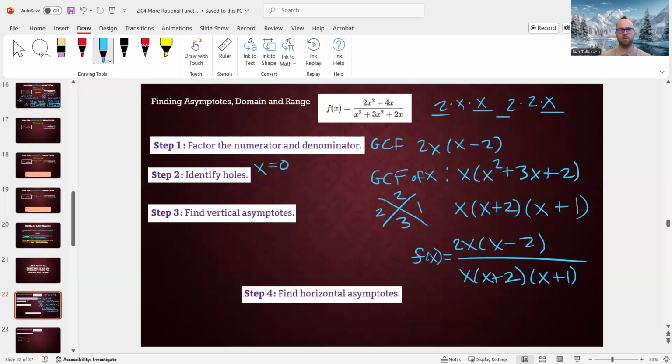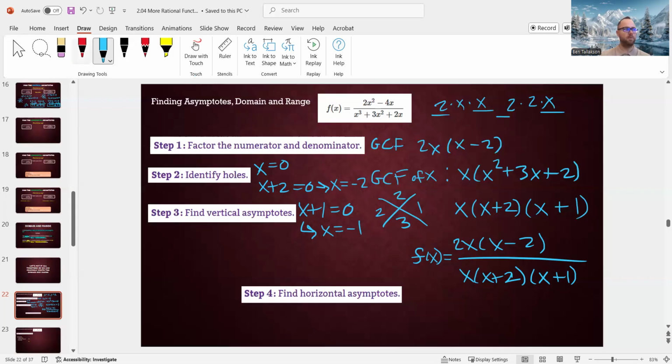X equals 0, x plus 2 equals 0, and x plus 1 equals 0. Okay, I'm running out of space, so I'm just going to write it here. That's going to give us x is negative 2. And this will give us x is negative 1. So those are all three x values that will make our denominator equal to 0. But will they make the numerator equal to 0? Let's see.